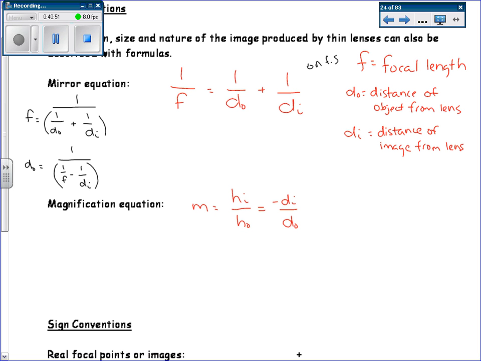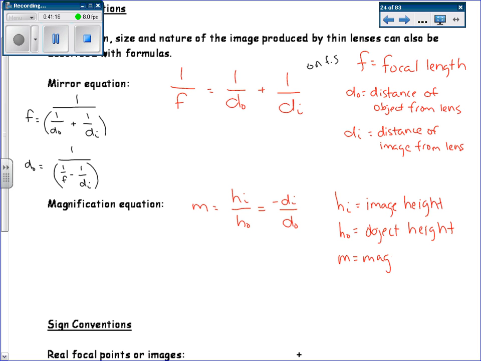The negative in there is important. That's in the formula on the formula sheet. HI is the image height. HO is the object height. And M is the magnification.